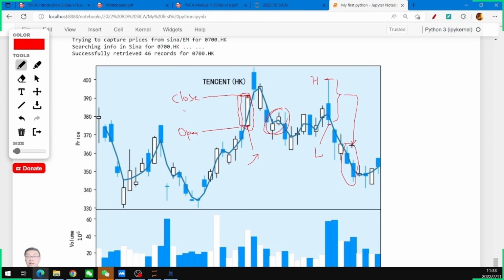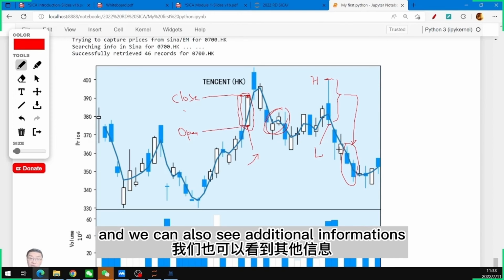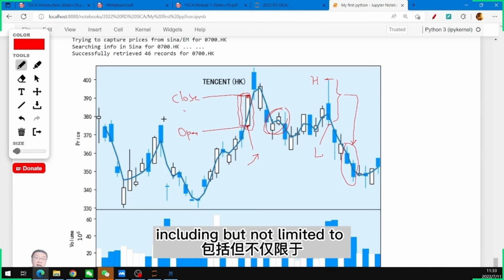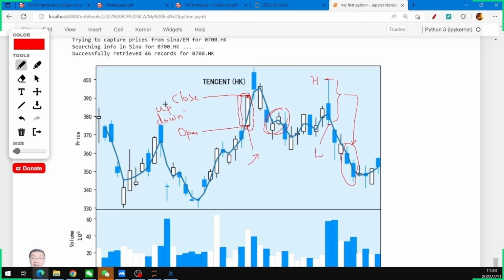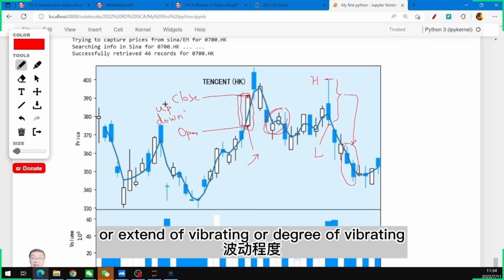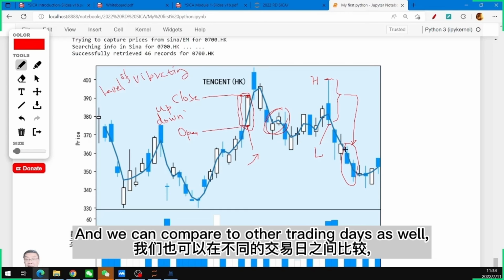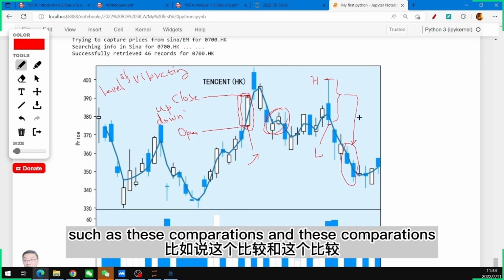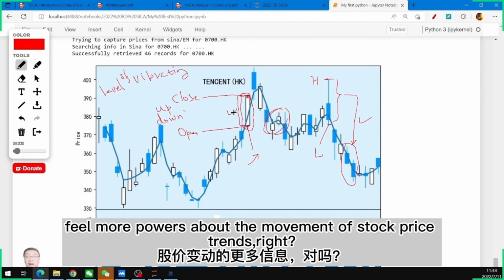So in this graph, we can not only see the trend of stock price movements, but also additional information, including but not limited to the upward or downward trend in each trading day, and the extent of vibrating in each trading day. And we can compare to other trading days as well, such as these comparisons and these comparisons. We can quickly find out, we can feel more pulse about the movement of stock price trends, right?